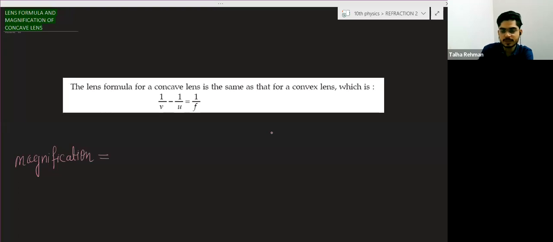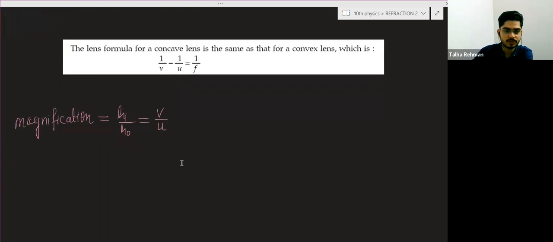magnification is height of image divided by height of object, and this is also equal to position of image divided by the position of object. Position of image means image distance, and position of object means object distance. Just write it down. HI means height of image.